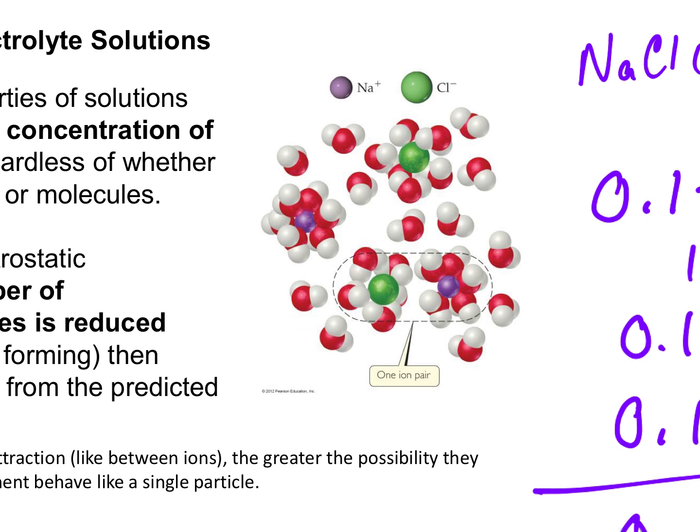And so that's why there's some sort of effect when we have ions that are close enough together in solution to form these pairs. It affects the number of water molecules around them, which therefore affects the concentration of those solute particles. So this one ion pair has a reduced amount that it can affect the solution. Does that make sense?